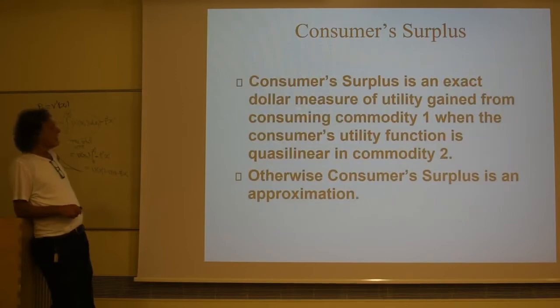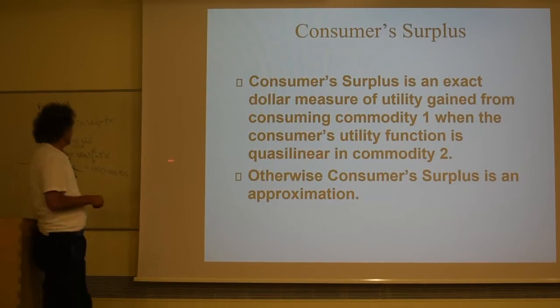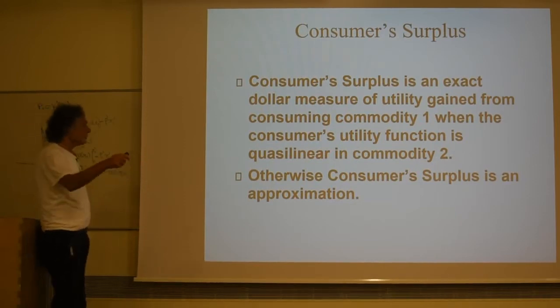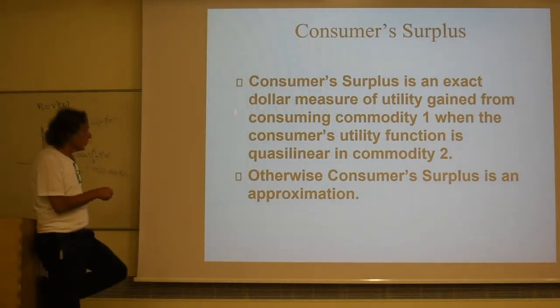Consumer surplus is an exact dollar measure of utility gain from consuming commodity 1, when the consumer's utility function is quasi-linear in commodity 2. Okay, X2 is the money, if you like. What it says here is the exact measure. Before it was approximated.